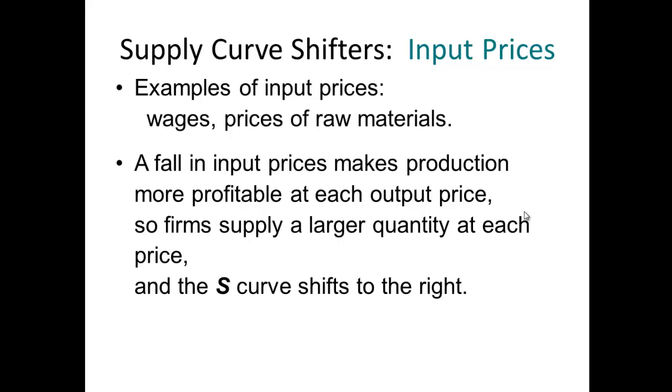So inputs are the ingredients that go into the final product. They are the raw materials. And the relationship with input prices is that if the input price increases, quantity supplied will decrease.